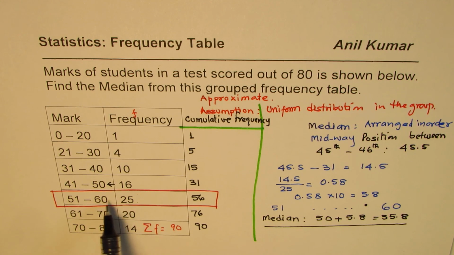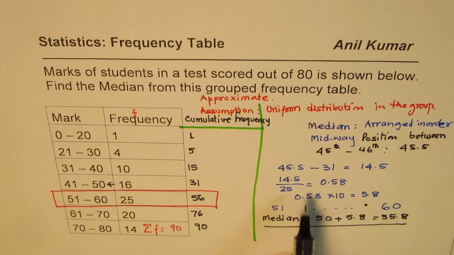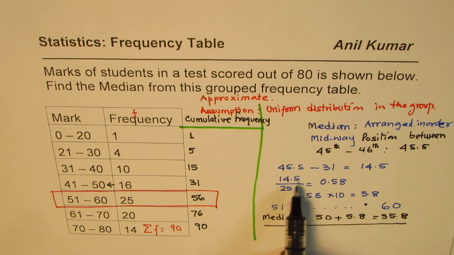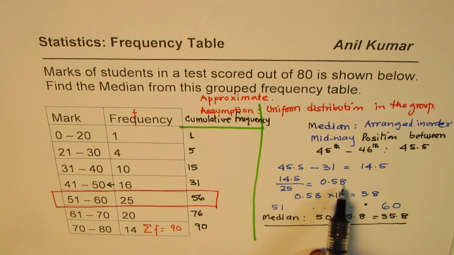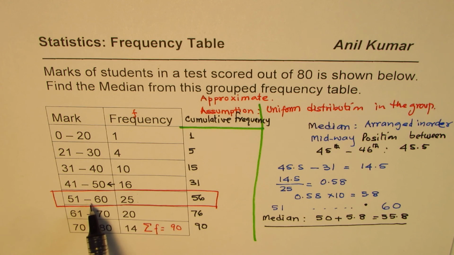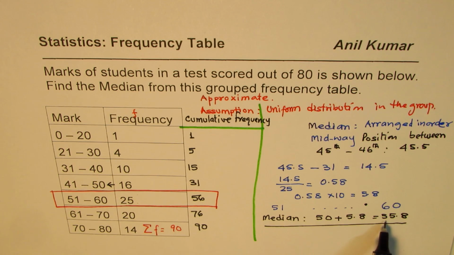We have assumed a uniform distribution, so dividing 14.5 by 25 gives the relative position, slightly more than half of this interval. So we find that the answer is 55.8.